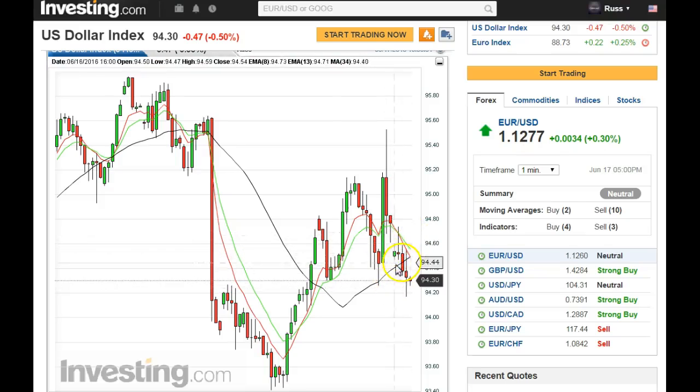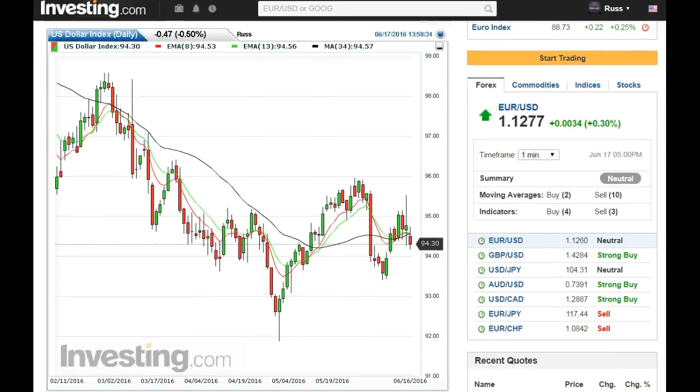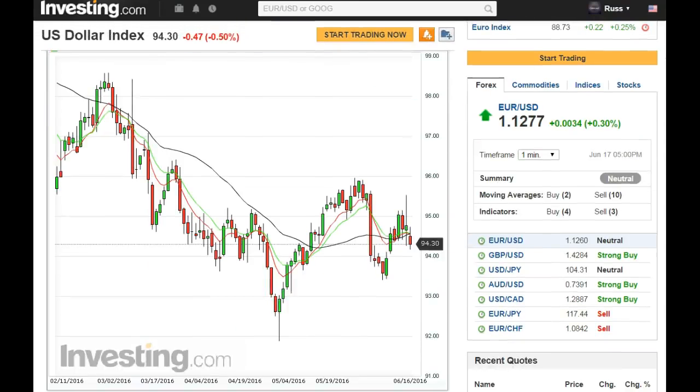So now we're below trend on a 5-hour, and watching the 8 and 13 cross. So we had a bounce, and it didn't make it on a 5-hour chart. Looks like we're breaking through on a daily. Previous low breaks. I thought it was going to break out. I thought it was a bullish move, but no.